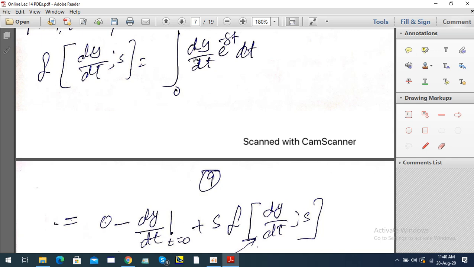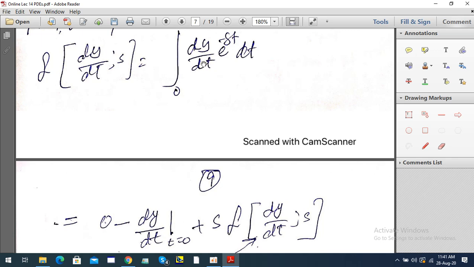If we take the integral of this one, its power will be increased, so it would be better to take the derivative of this. Sorry, if we take the derivative of this, the power will be increased from dy by dt to d square y by dt square. So to be on the safe side, we have to find the integral of this and the derivative of this.